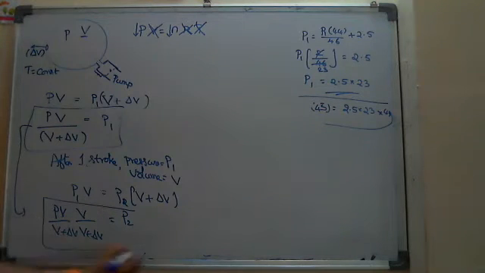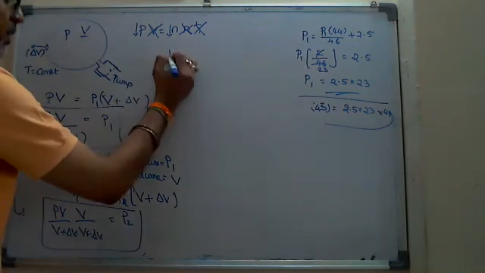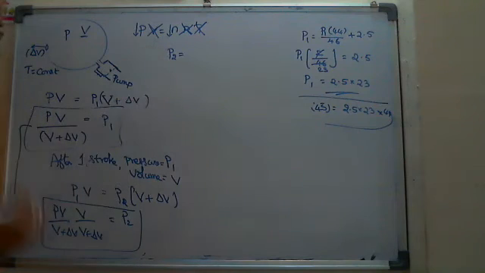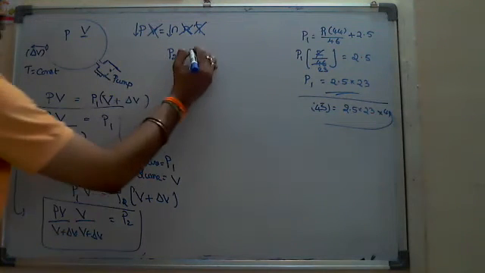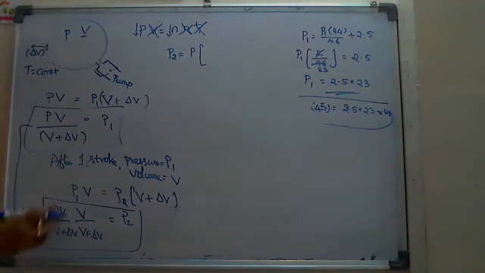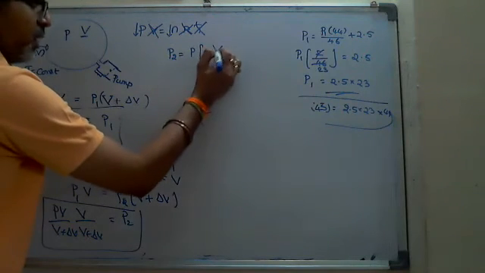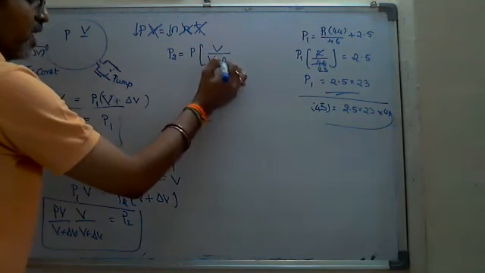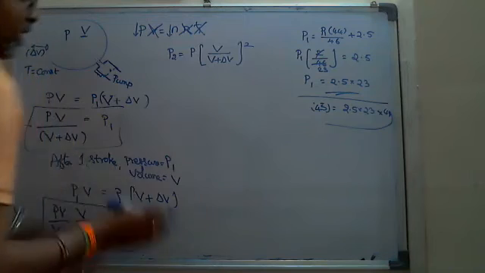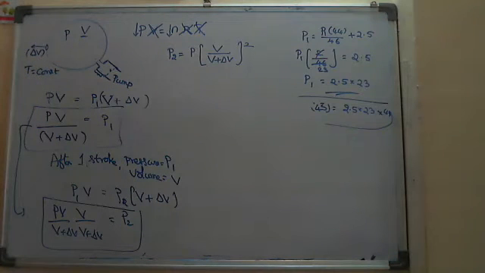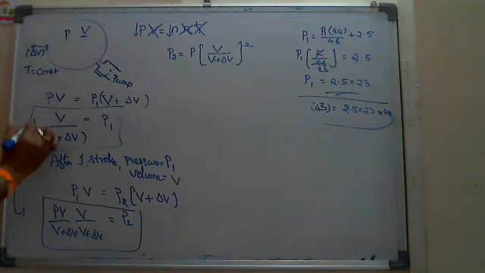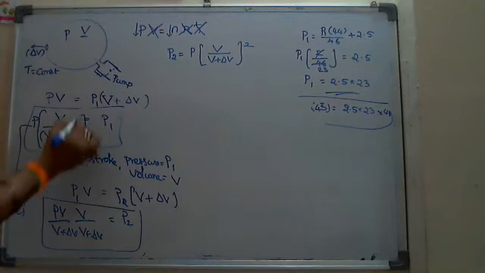Here you logically think, I am getting P2, the pressure after the second stroke, equals P into V by V plus delta V into V by V plus delta V. That in turn becomes P times V by V plus delta V whole square. Now after the third stroke, fourth stroke, I am using some logic here. After the first stroke, I got V by V plus delta V whole power 1.